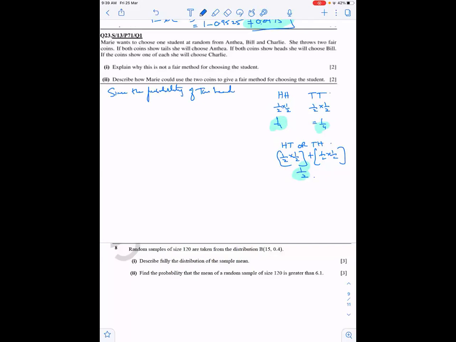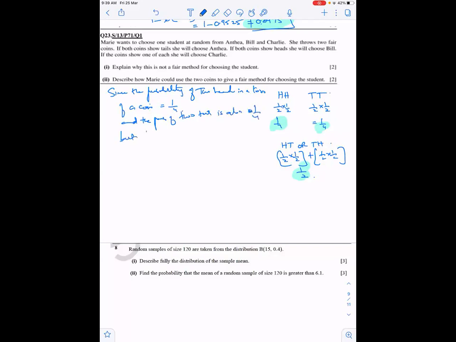Two heads in a toss of a coin equals 1 upon 4. Probability of two tails is also 1 upon 4.